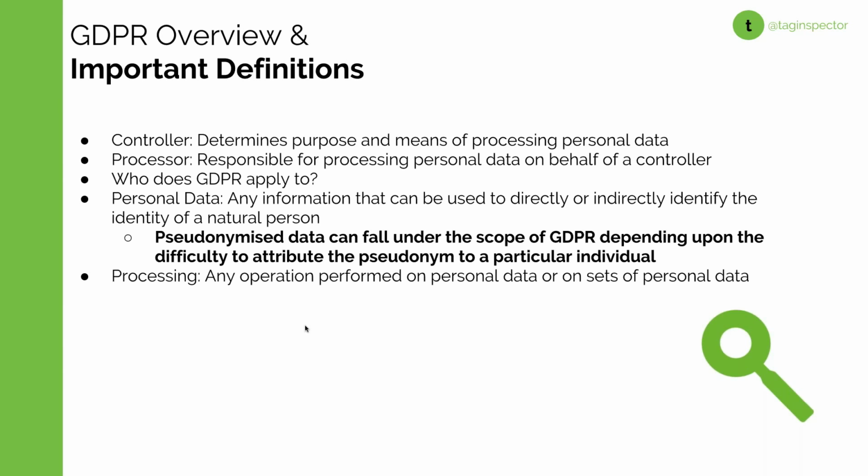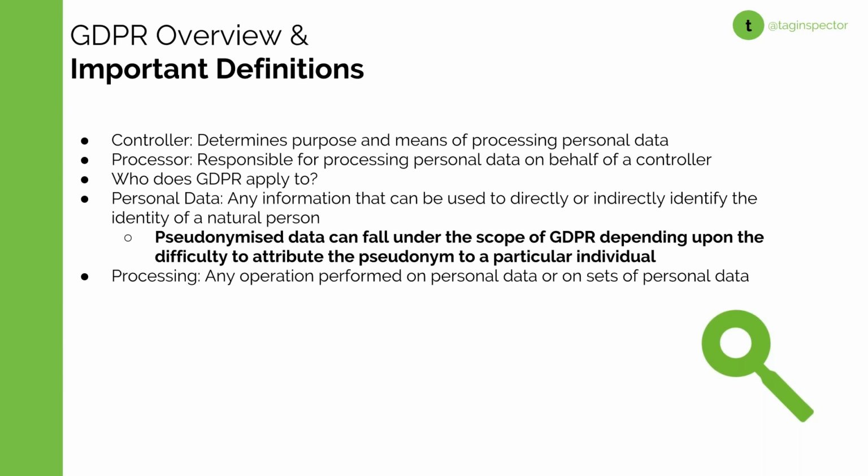Processing is any operation performed on personal data or on sets of personal data. One note about processing, this can include things like collection, recording, organization, structuring, just the use, disclosure, consultation, all of those different things that you're doing with data. So if you are running a report on data, that's processing.